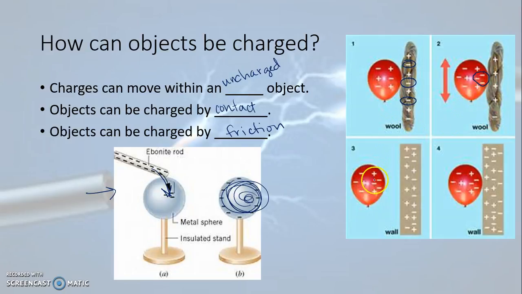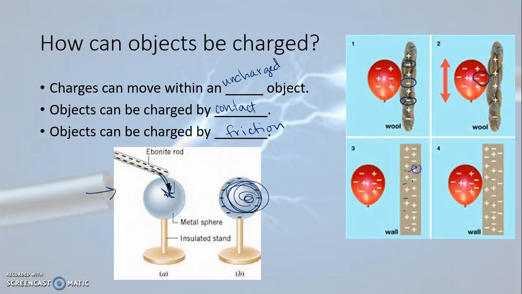Well, if we take that same balloon that we've rubbed up and down on that piece of wool that now has more electrons on it, and we stick it next to a wall, the wall is an uncharged object. It does not have a positive charge to it. But what it does is it makes those negative charges that would normally be here move.